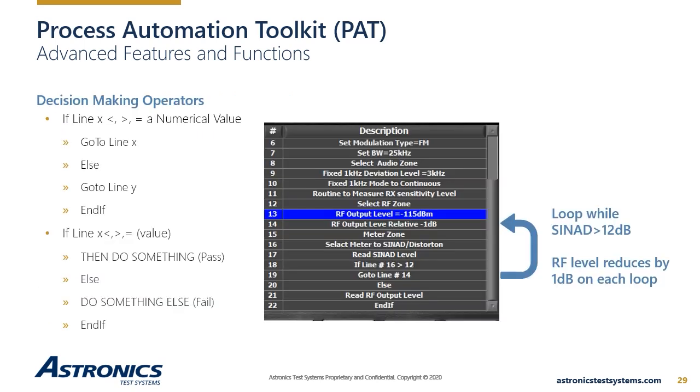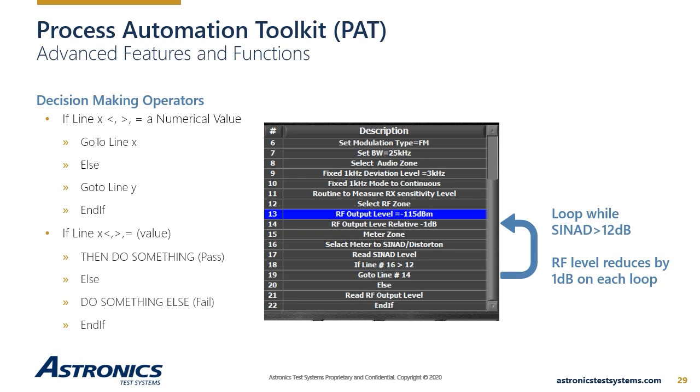Another advanced feature of PAT are decision-making operators that allow us to make logical decisions within the script: go to line, else, go to line, end if, line x equals, greater than, less than, equal a value, then do something like pass, or else you do something else like fail, and you end the loop by end if.